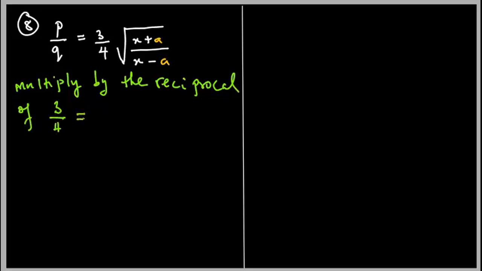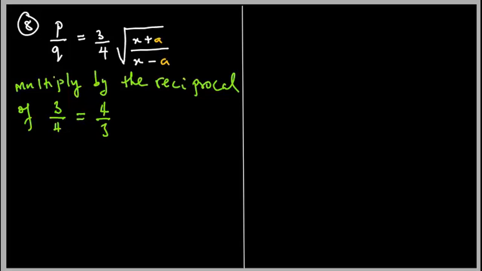And for 3/4, what is its reciprocal? It is 4/3. So with multiplying both sides by this reciprocal, it will be a better way for us to do.